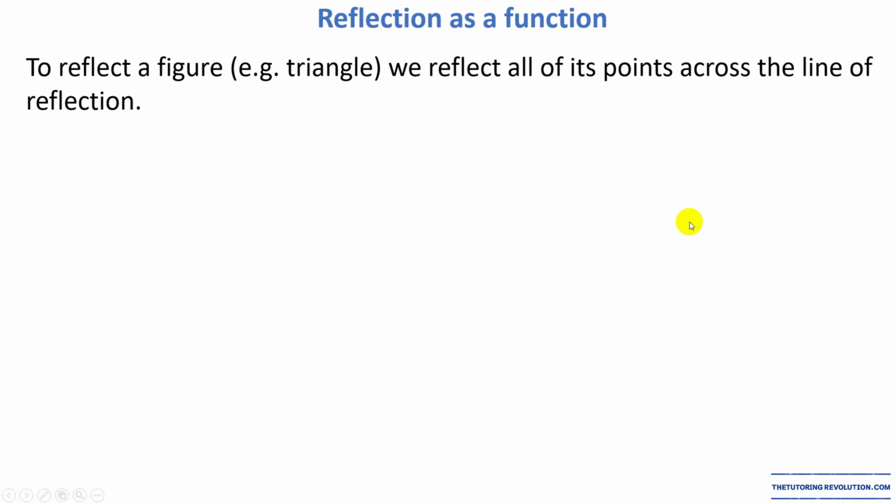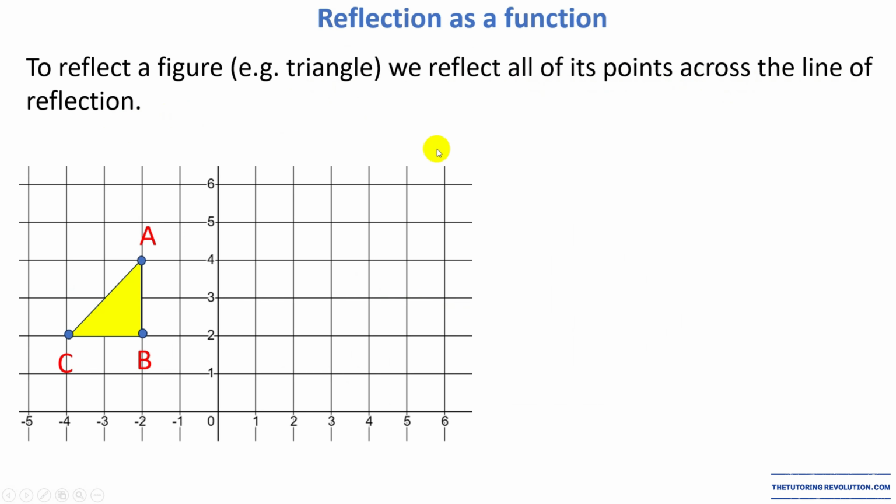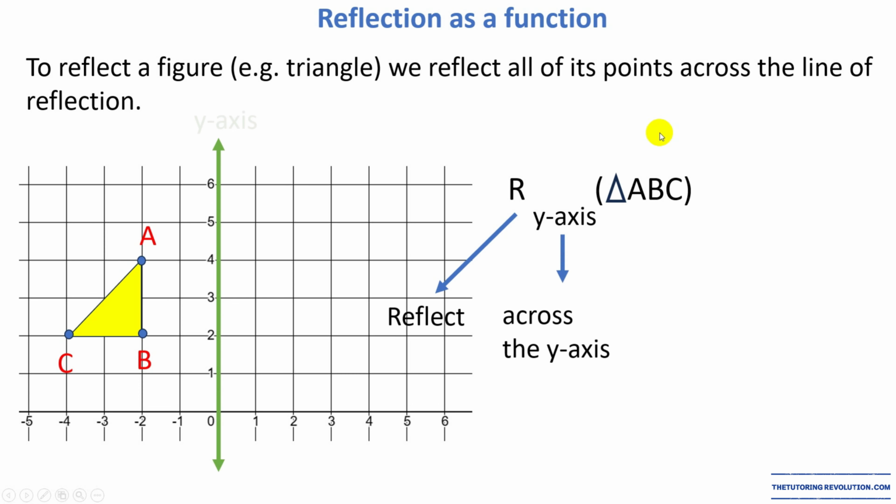To reflect a figure, for example a triangle, we reflect all of its points across the line of reflection. In this example, we have a triangle ABC, and this function will read as this: we're going to reflect across the y-axis the triangle ABC.